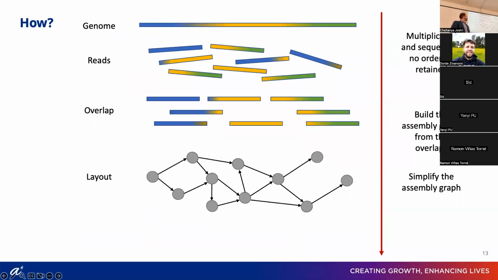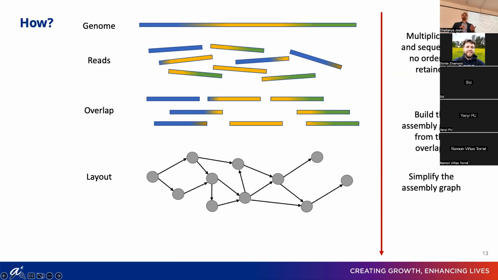So how do we do this? The process starts with a genome, a biological sample that we obtain from the biologist. They multiply it and then sequence it with the machines. What you get is a set of reads for which you know nothing. It's just a large amount of sequences with no ordering retained between them.